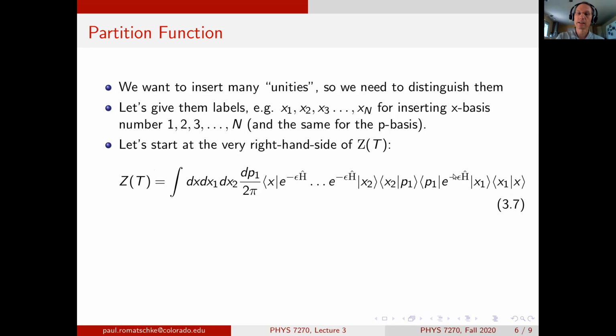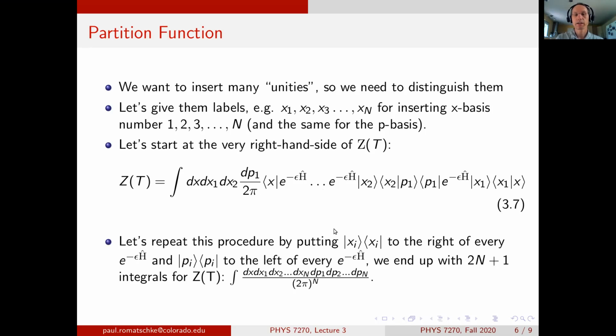Then to the left-hand side of this operator, we insert a p basis, the first p basis, which we indicate by p1. So again, we have |p1⟩⟨p1| integrated over dp1 with the normalization of 2π. And then we repeat the same procedure by inserting another position basis x2, another momentum basis p2, and so on.